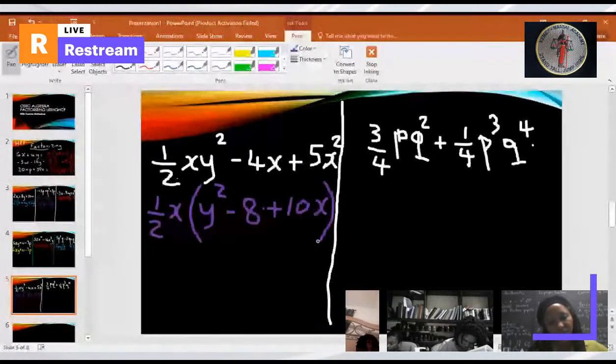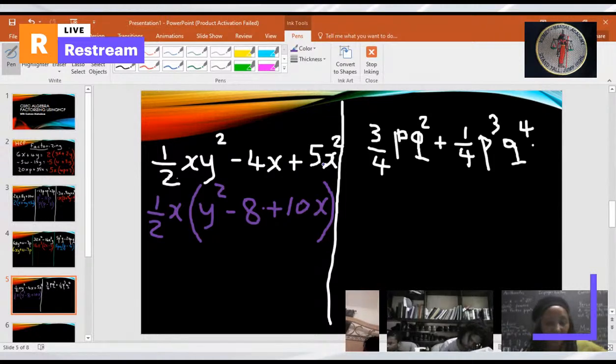Let's double check to see if, when we expand using the distributive law, we would get back the original. Remember, this is how we check. If we expand this half x times y squared, that would give us back half xy squared, right?